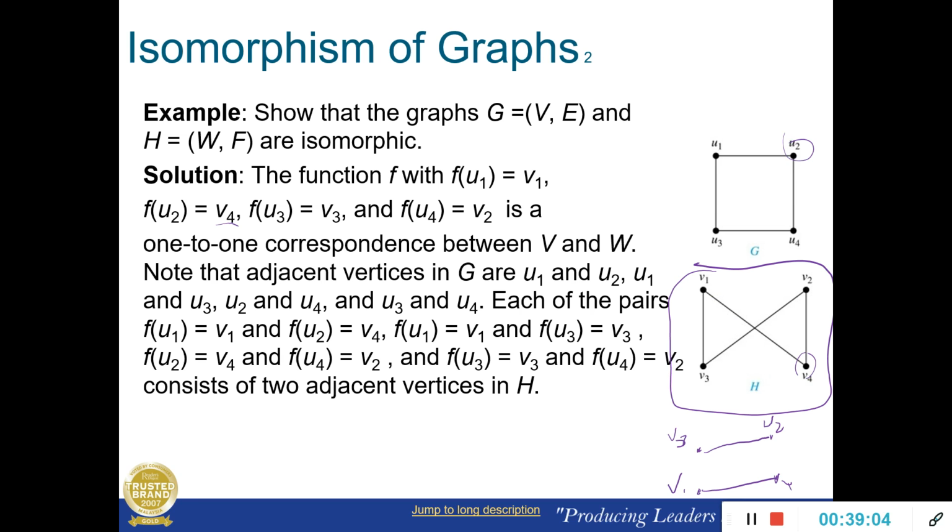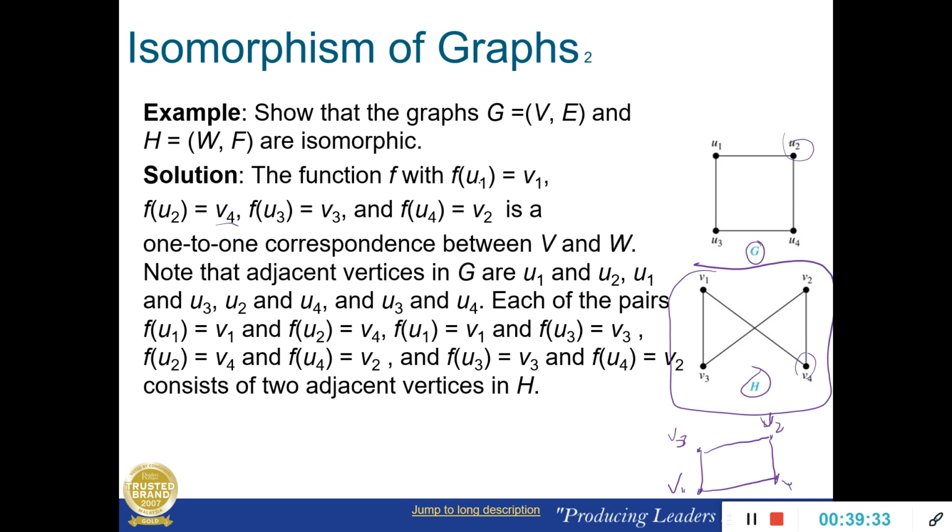Let's say you move V1 from here, outside, down to the bottom of V3. Then you have a similar graph, or we call that isomorphism. This graph is isomorphic: graph G and graph H.